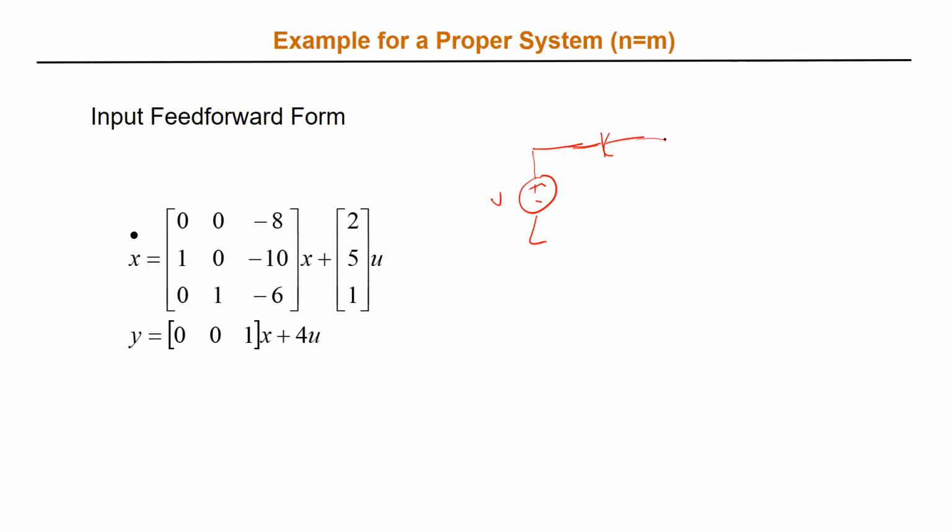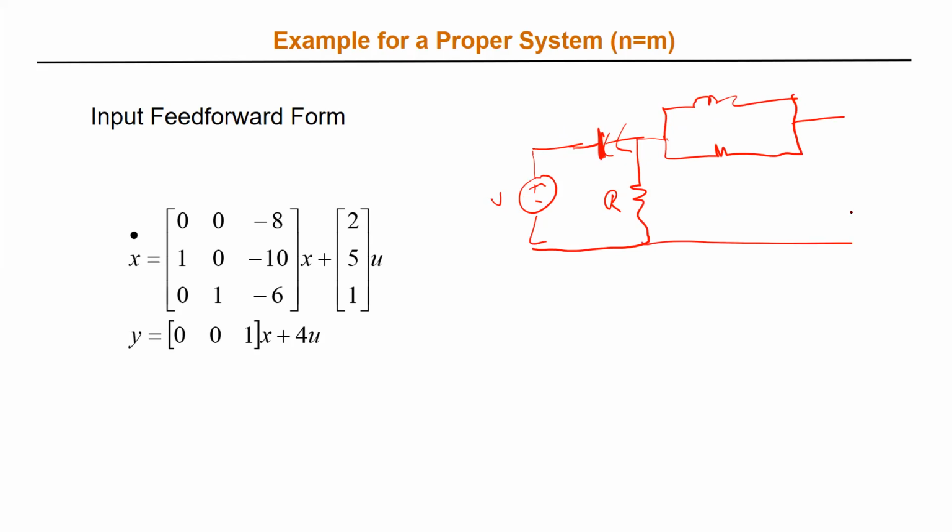and an inductor. This is a capacitor, and let's say in here I have a resistor, and this is V out.